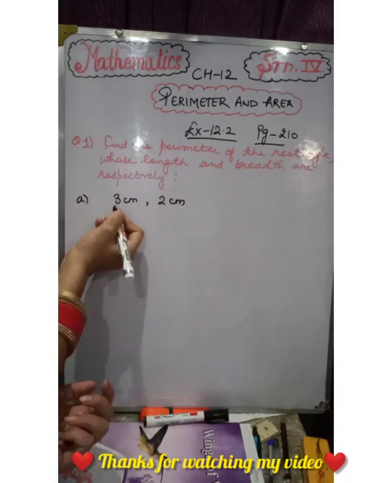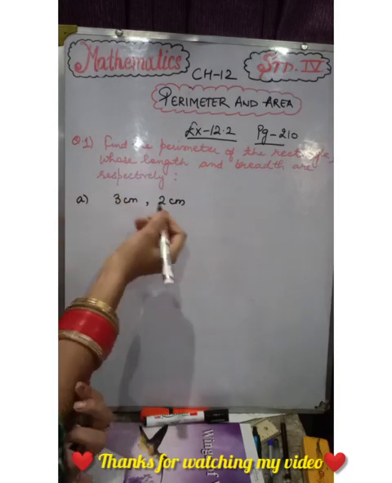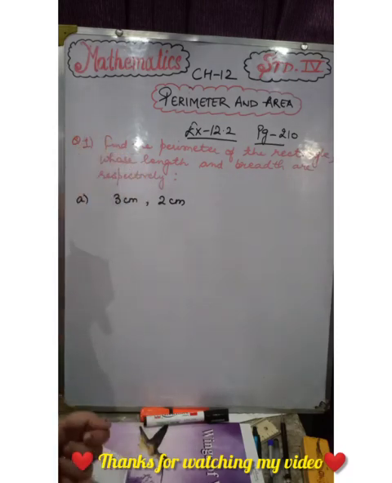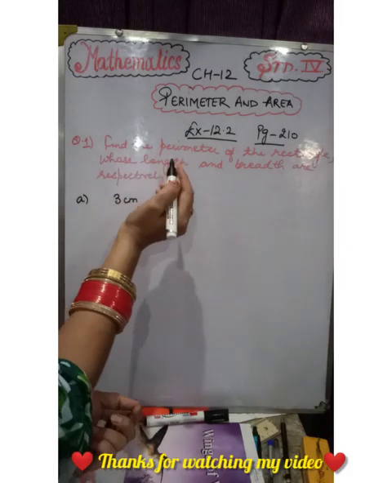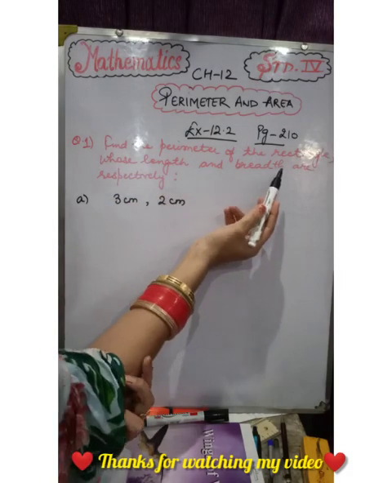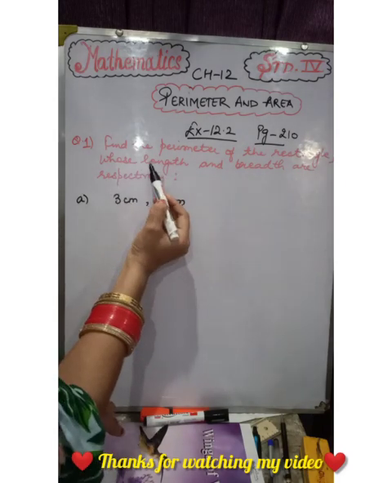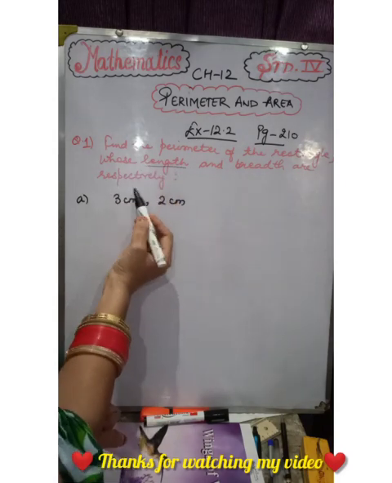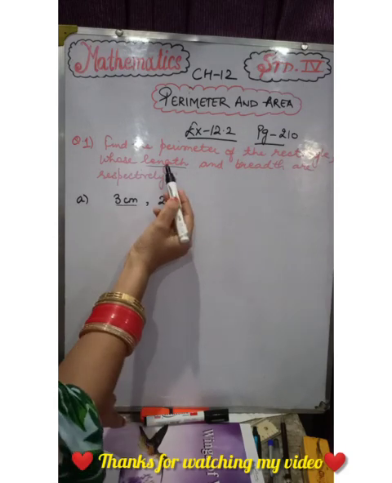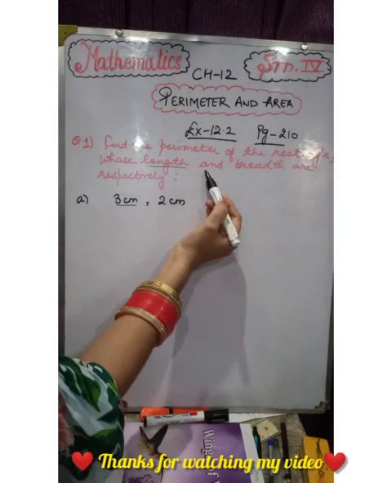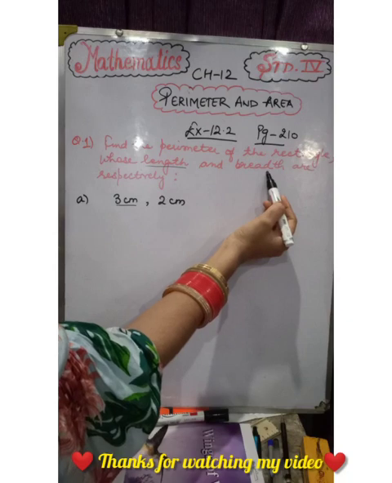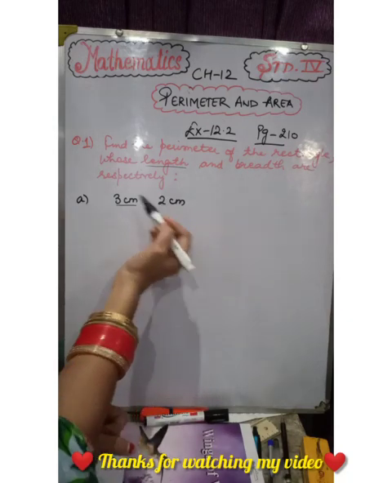So which is length and which is breadth in this part? It is already mentioned in the question. What is written? Length and breadth are respectively. Respectively means that the first one is related to the first one. So length is 3 centimeter and breadth is at the second place, so second place is 2 centimeter.